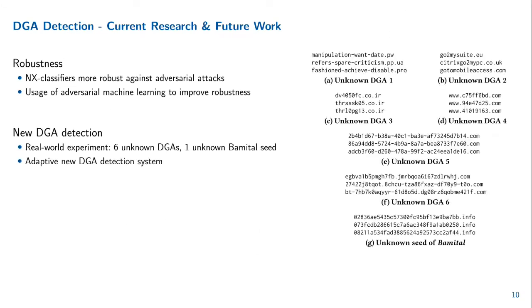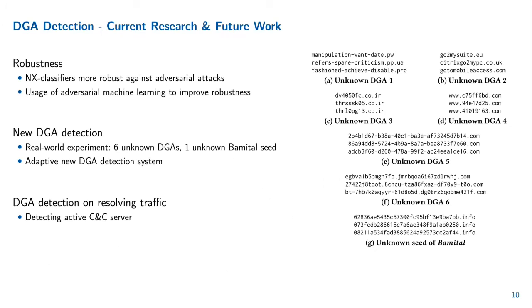Another thing is that we try to detect new DGAs. We already did one real-world experiment in which we detected 6 unknown DGAs and 1 unknown bimetal seed, which you can see in the figure at the bottom. But the goal of this research direction is that we want to propose an adaptive system which can detect new DGAs.